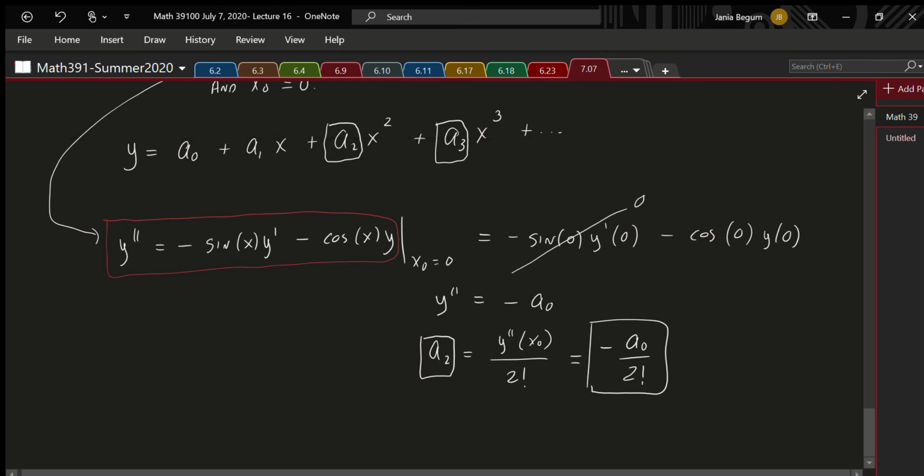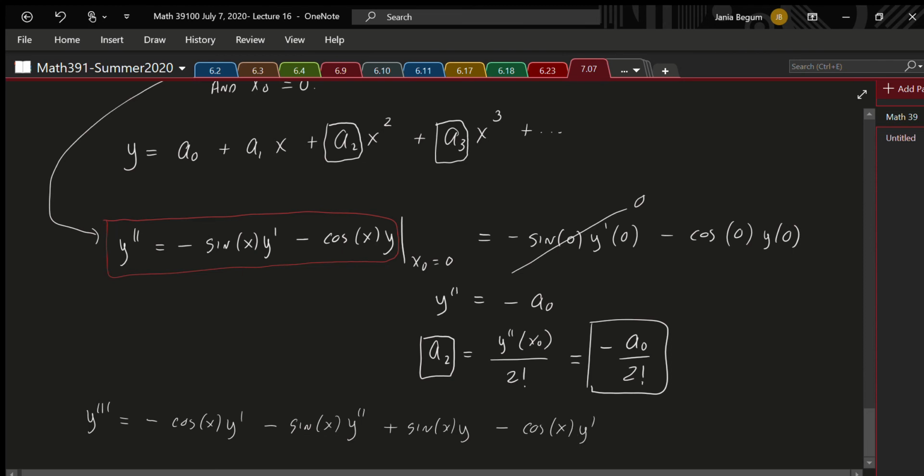The third derivative, we have to use product rule: negative cosine of x times y prime minus sine x times y double prime. And then for the second function, we also do product rule: positive sine of x times y, and then minus cosine of x times y prime.